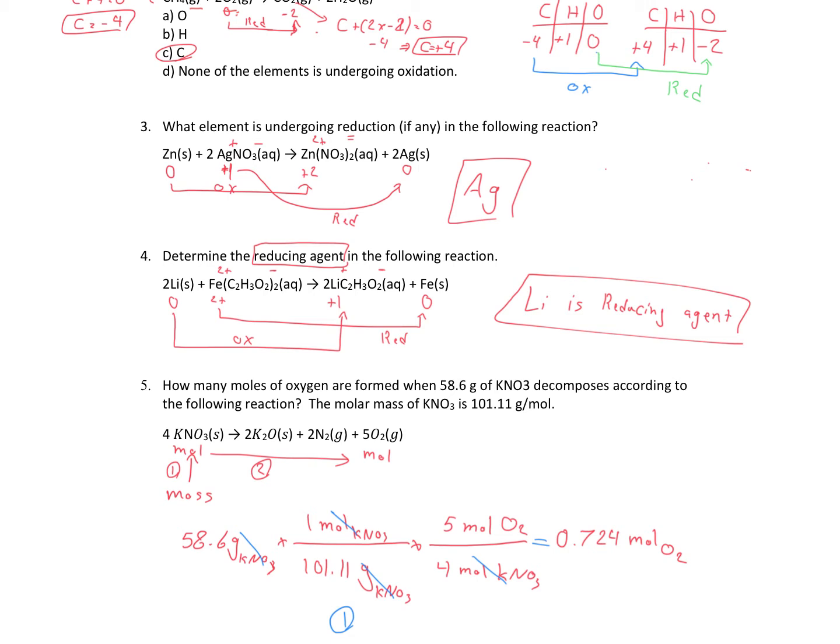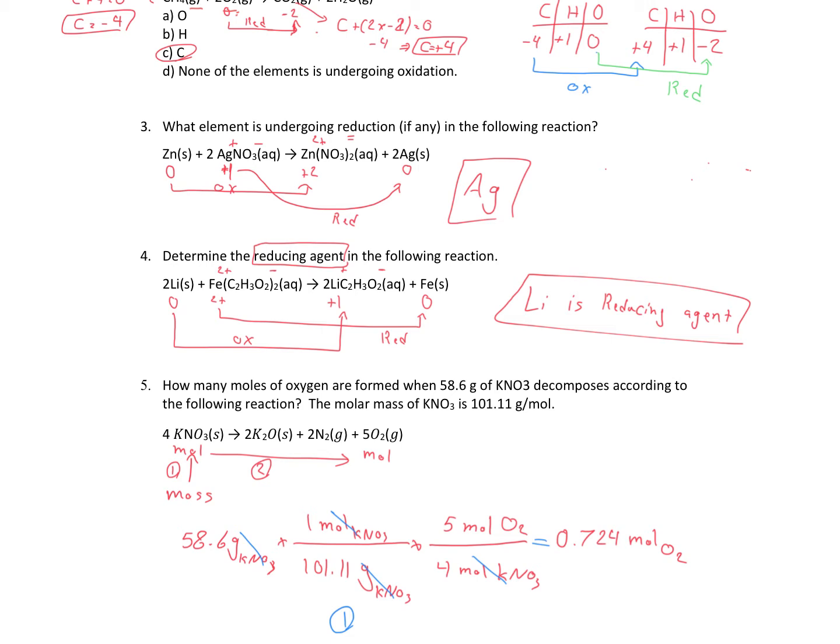Okay, in order to reduce something, that element needs to oxidize itself to reduce something else. Okay, so when something is oxidized, you have an increase in oxidation state, you lose electrons. When you lose electrons, the electrons do not just go away, they have to go somewhere else.